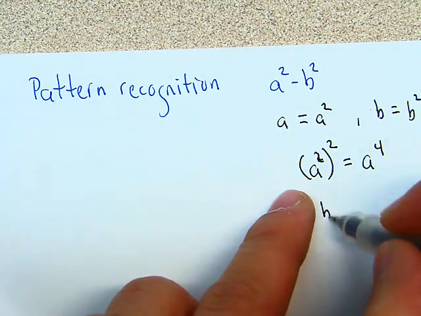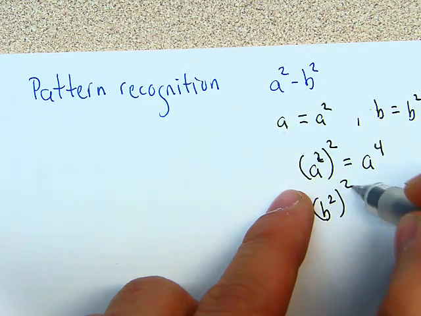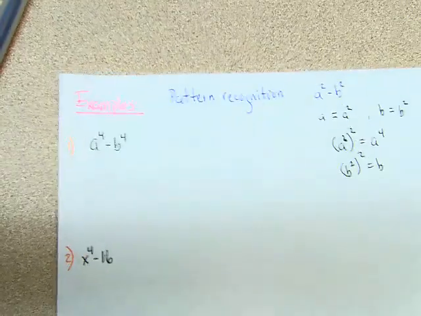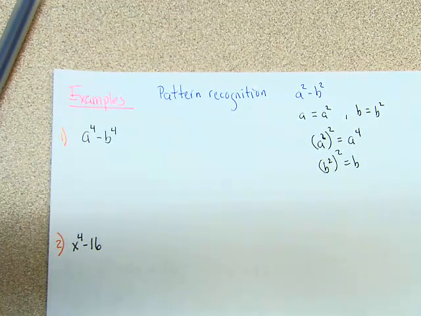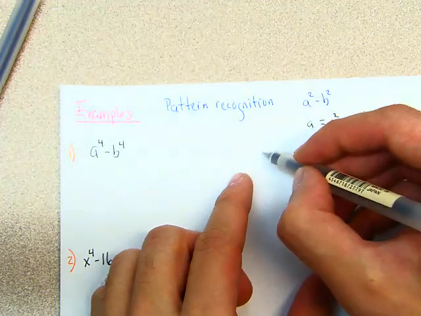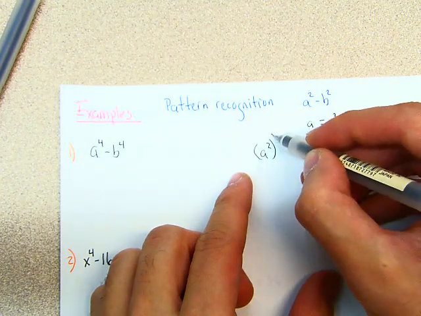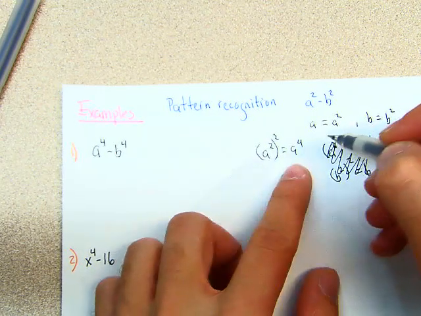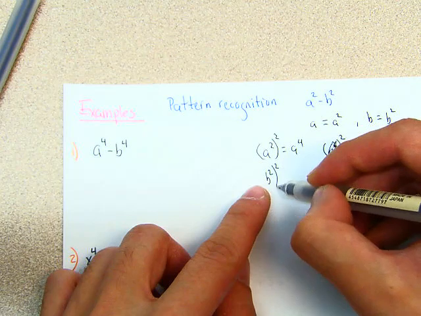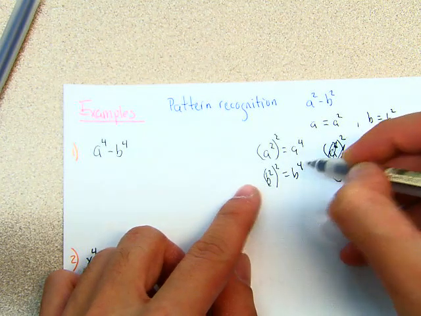And that b squared squared is equal to b to the fourth. Oops, I am just messing up right now, my bad guys. Let me say that again. That a squared squared is equal to a to the fourth, that a to the fourth over here. And that b squared squared is equal to b to the fourth, right?